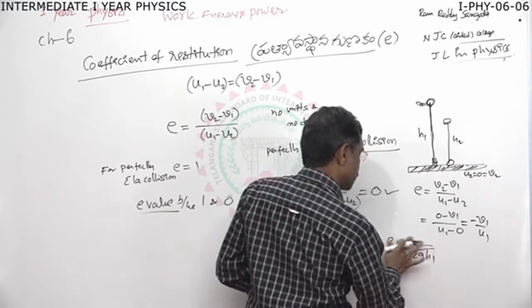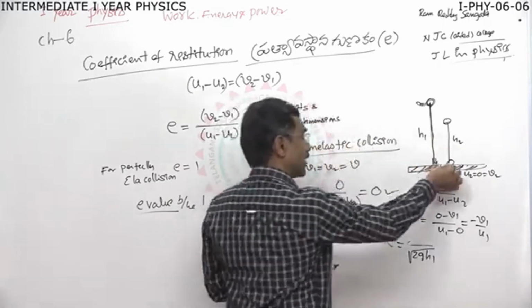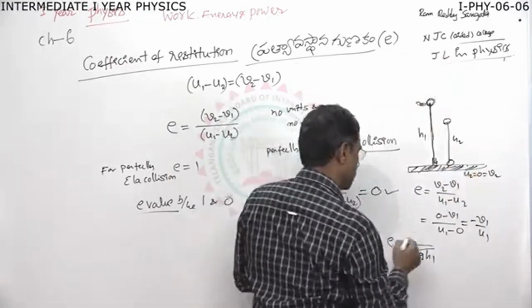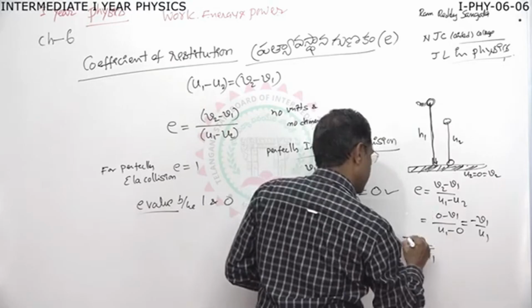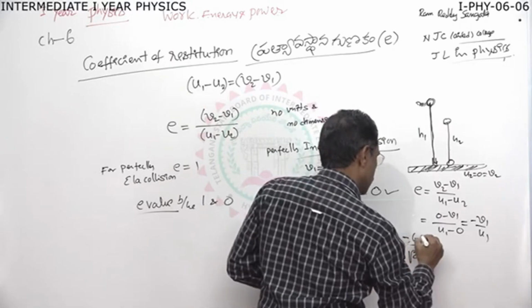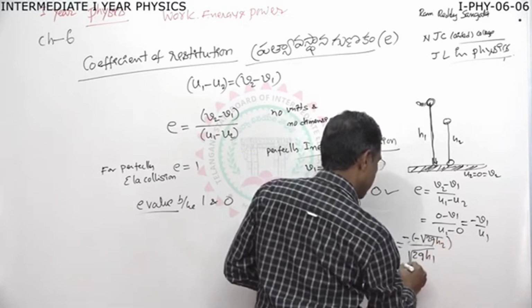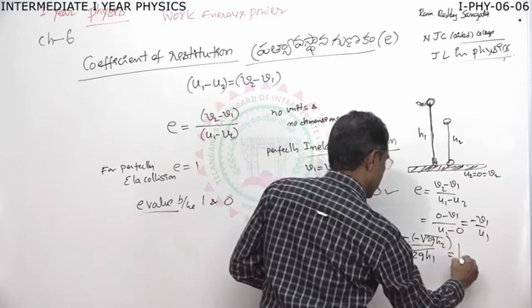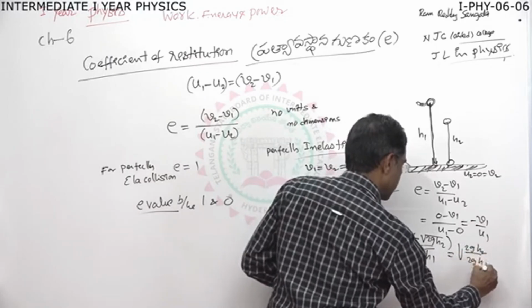Similarly, after colliding with the plate it rises to height h2, and it is moving in the opposite direction, so V1 is minus root 2g h2. So minus into minus gives plus, and we have root 2g h2 divided by root 2g h1.